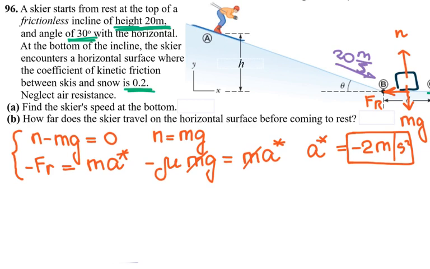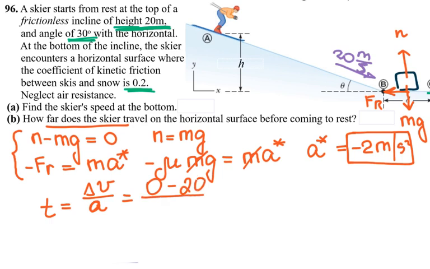So if I want to figure out the time it's going to take for him to stop, because I need to know how far, so I need the time. The time is the change of the velocity over the acceleration. Acceleration, not the g. And in this case, final velocity is 0, initial velocity is 20, and acceleration is negative 2. So it looks like it's going to take him 10 seconds to stop.